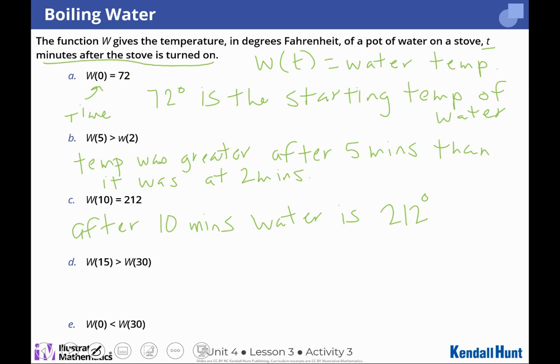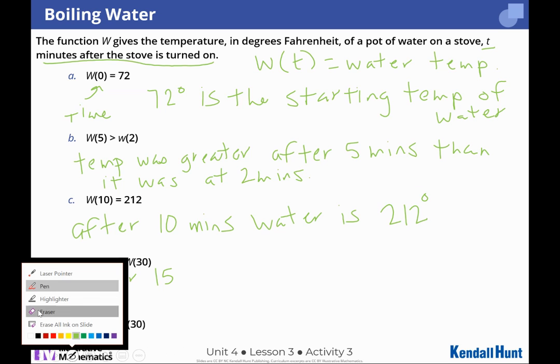Okay, the next one, W of 15 is greater than W of 30. So that means at 15 minutes, the water temperature is greater than after 30 minutes. So at some point, the stove must have been turned off and it has started to cool, right? Actually, I'm going to rewrite that.